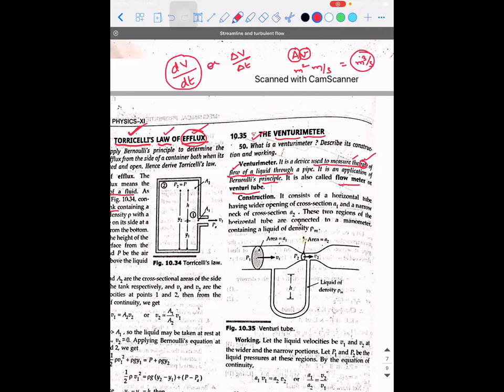Meter cube is measured for what parameter? Volume, sir. So to calculate the amount of volume per unit time, we will calculate the area of cross section and multiply it with the corresponding speed at that particular point.